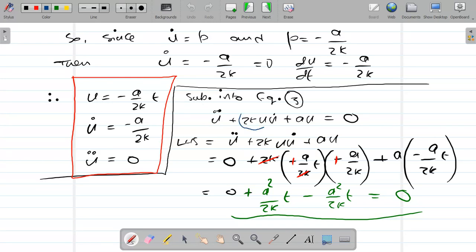So P is equal to the 2ku, this part here. Right, so P is equal to 2 kappa u, or 2ku. I'll write that down in black.